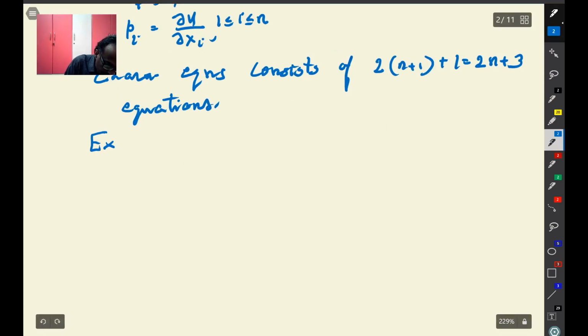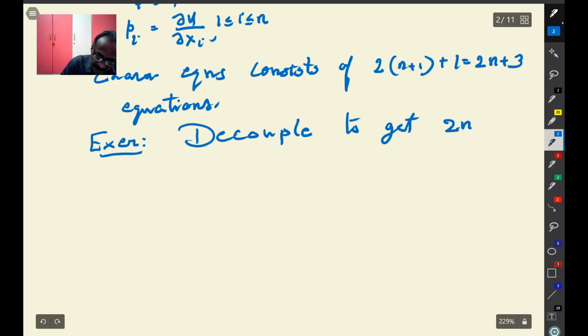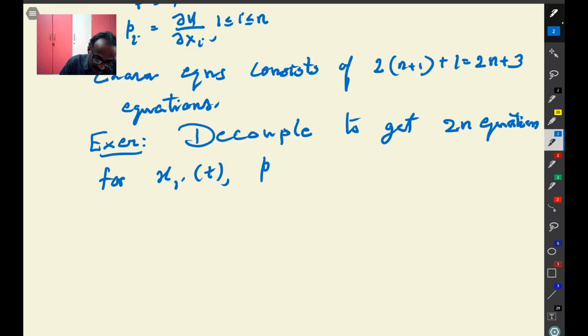You can decouple to get 2n equations for x_i(t) and p_i(t). In the characteristic equation, you introduce a variable t, and initially you have a parameter tau, and then you can consider that the tau variable will become the t variable itself.